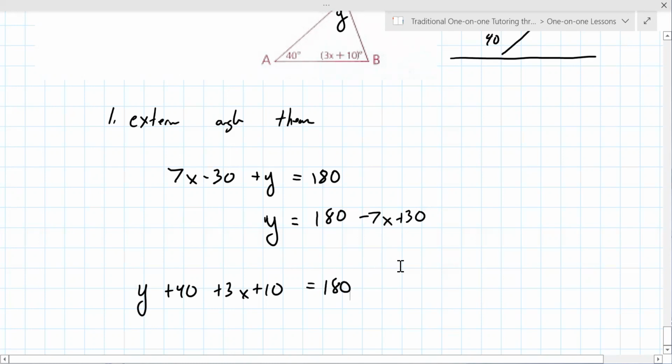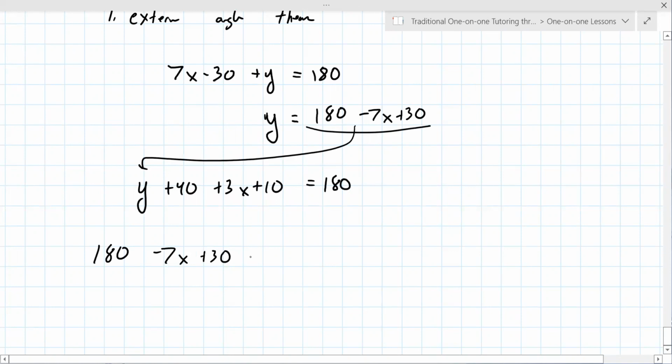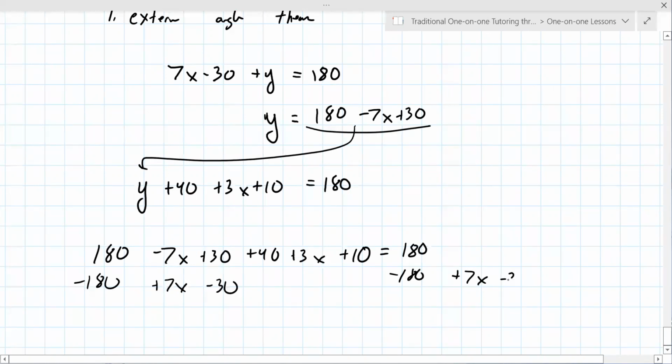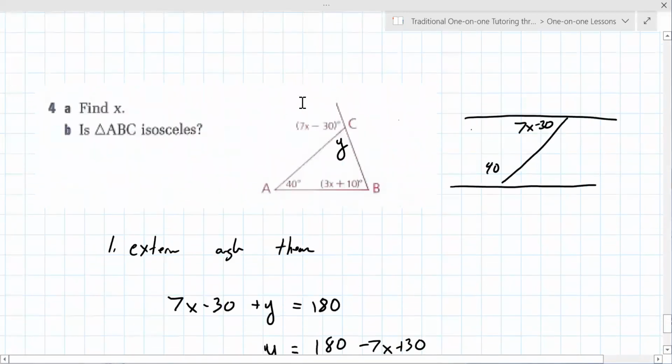If you bring this down in for y, you get 180 minus 7x plus 30 plus 40 plus 3x plus 10 equals 180. When you subtract 180, that cancels. When you add 7x and subtract 30, you end up getting 40 plus 3x plus 10 equals 7x minus 30. And you should say to yourself, oh, that means that the exterior angle equals these other two.